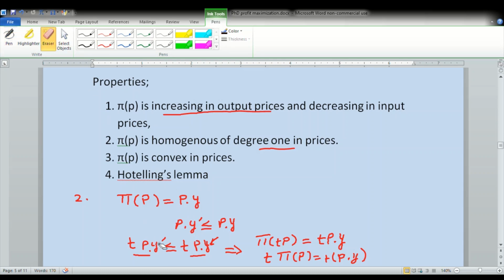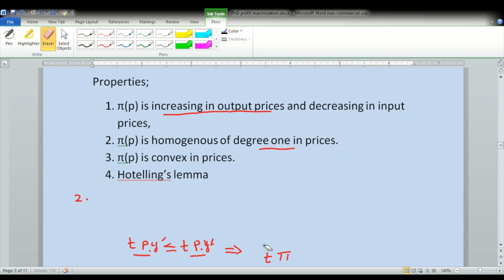Like we saw in the example, when we increased the prices of inputs and output by 10%, profit increased by 10%, from 400 to 440. So this was easier than it looked.